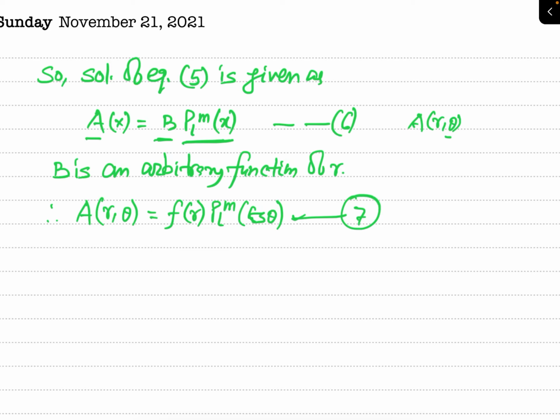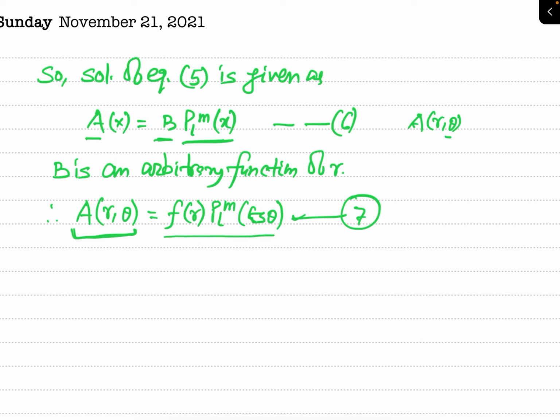Now after getting this value of a of r, theta, as I have told you earlier, the eigenfunction psi of r, theta for Lz and that for L square will be the same. We only have to find the appropriate form of a so that the eigenfunction for Lz becomes the eigenfunction of L square, and we have obtained that form.